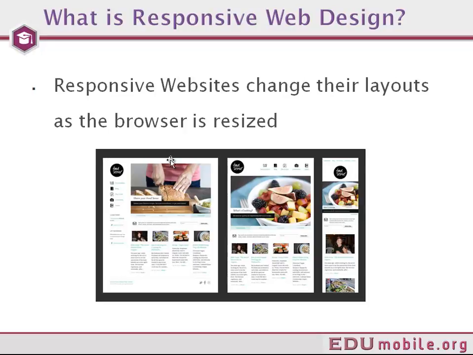So we have the regular desktop version that you would see on a desktop or a laptop, and then we have a slimmed down tablet version. If you were to view it on your iPad, you can see that the styling is different. The menu icons are now on the top because the sidebar is gone, because the sidebar takes up too much room to be displayed well on a tablet.